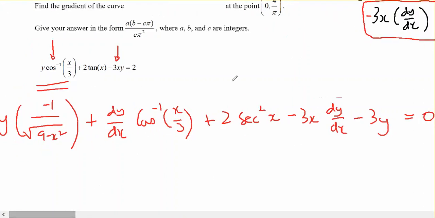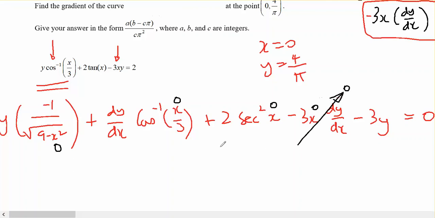So now I'm going to replace x with 0 and y with 4 on pi. So that becomes a 0, that becomes a 0, that becomes a 0, that becomes a 0. So that all goes to 0.